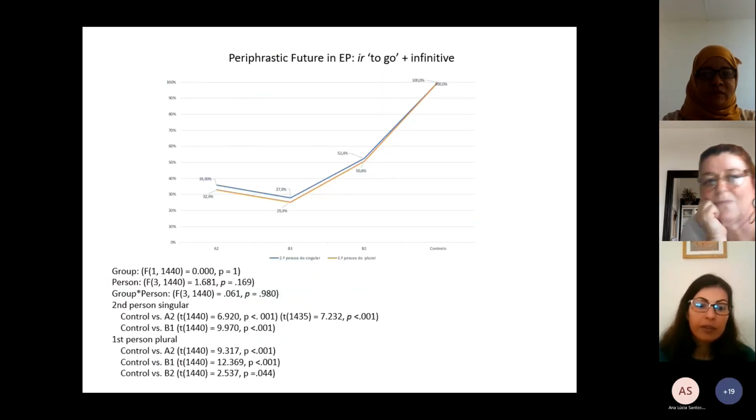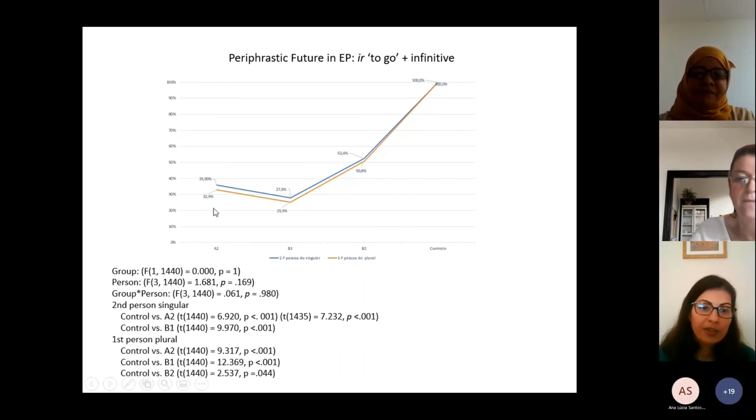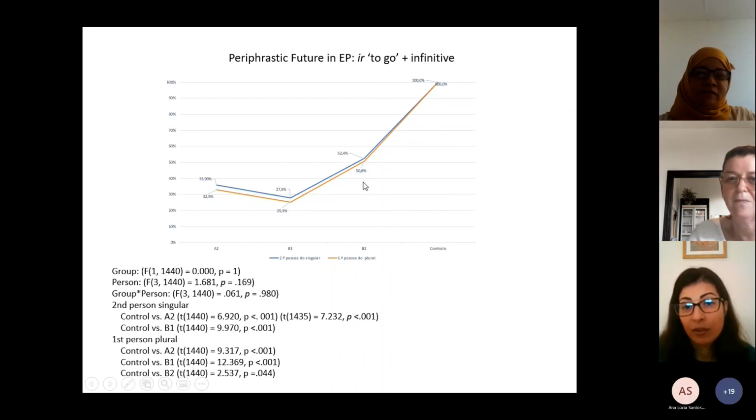The results again show that Spanish speakers have some difficulty and seem to be transferring the properties of their L1 even in the more advanced levels of proficiency.